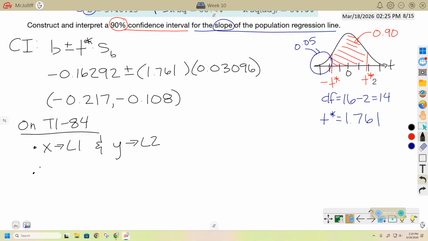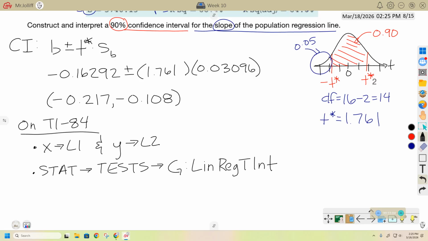And then you are going to go stat, tests. And you're going to go all the way down to the bottom. And I have to check what letter it is. G on mine. And it says LinRegTInt.